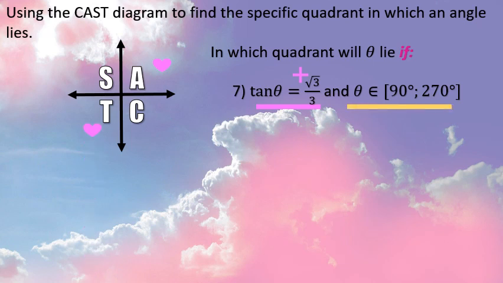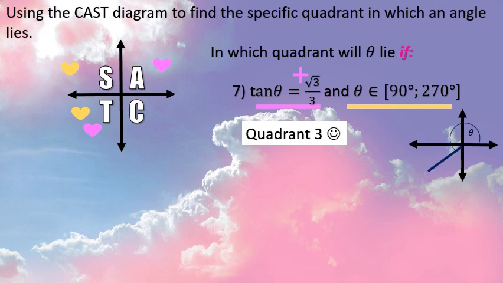Second bit of information, theta is bigger than 90 but smaller than 270. So let's go mark those two quadrants. From our little sketch on the left, we can see that theta would lie in quadrant 3 again, just like in example number 6. If we were to sketch that, we would repeat the same triangle that we drew in example number 6. Easy peasy.